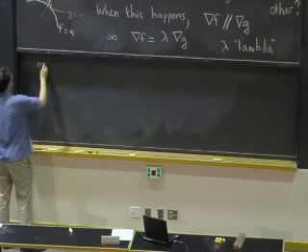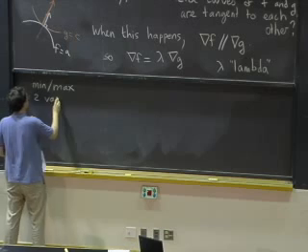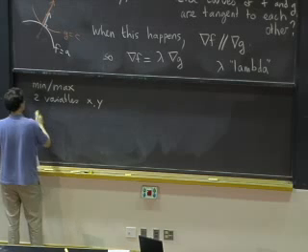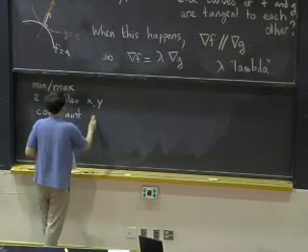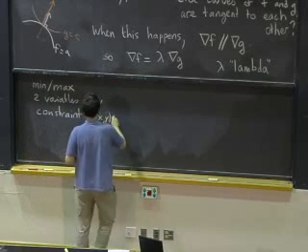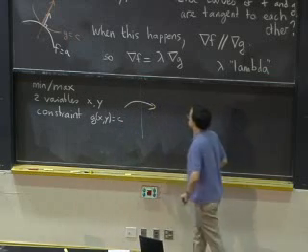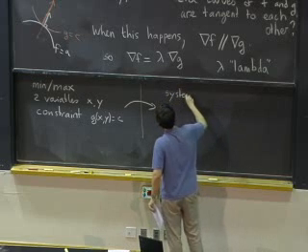So we had min-max with two variables, x and y, but not independent. We had a constraint, g of x, y equals constant. And that becomes something new. That becomes a system of equations.